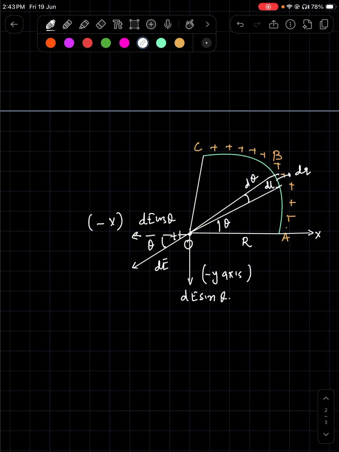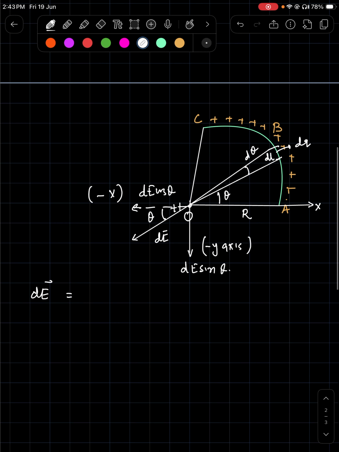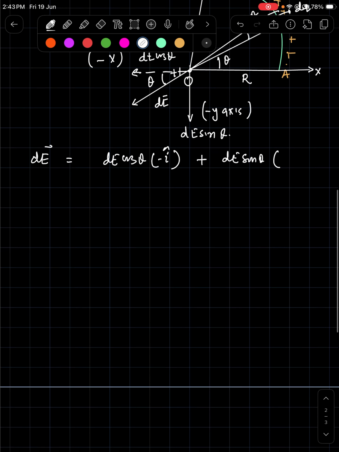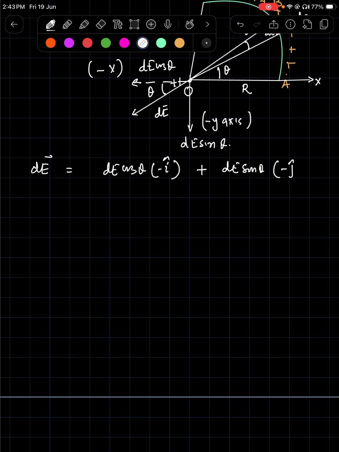Vectorially, we can write dE as dE cos theta minus i cap, because it is opposite to the positive x-axis, and dE sin theta minus j cap, because it is opposite to the y-axis.